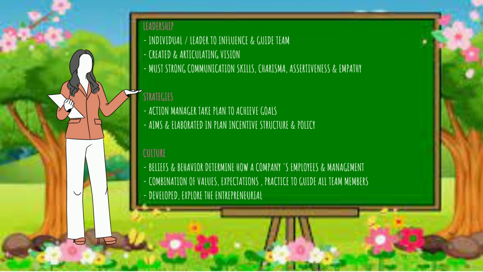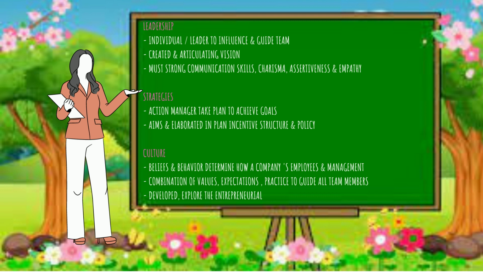Strategy is the action a manager takes to plan or move the organization to achieve its goals. Strategy aims to elaborate and put in place incentive structures and policy. The last one is culture. Culture refers to the beliefs and behavior that determine how a company, its employees, and management interact and handle outside business transactions.